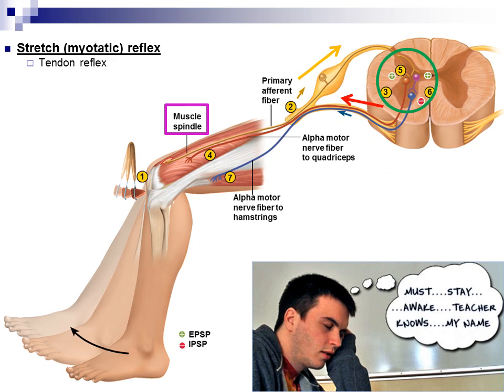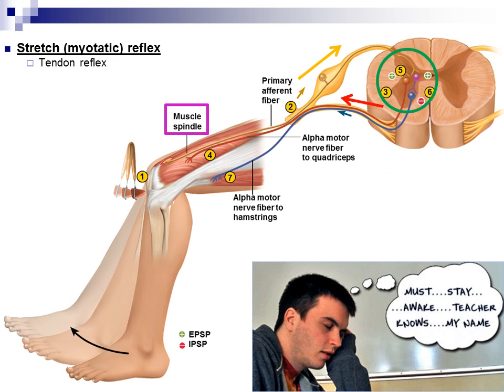Do you remember what the primary function of the quadriceps femoris muscles are? If you said knee extension, you're right. Therefore, activation of these muscles produces the knee jerk. Since this reflex arc only involves two neurons, a sensory neuron, which synapses directly onto a motor neuron, with only a single synapse in between them, it is referred to as a monosynaptic reflex arc.